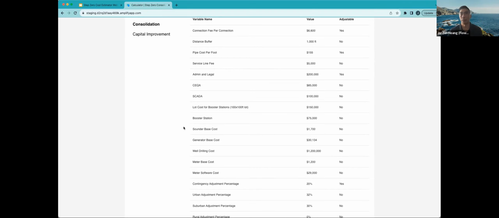So I think from discussions, there was maybe the idea of having admins who could update these variables going forward to keep it more accurate as costs and formulas get updated. But yeah, right now these values are just baked into the application, if that answers your question, Joe.